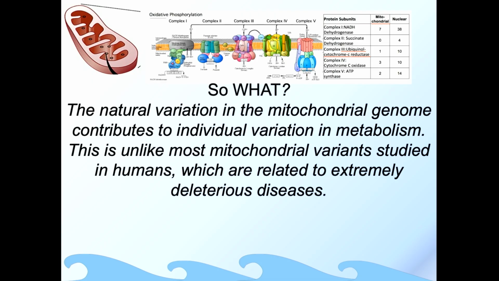When you look at people with diseases, you find that almost all the mitochondrial variants have a deleterious effect. What we find is an 8-fold difference in metabolic rates. They're not deleterious or not, they're all naturally occurring. They're among healthy individuals. Those metabolic variants are due to naturally occurring, potentially healthy mitochondria.